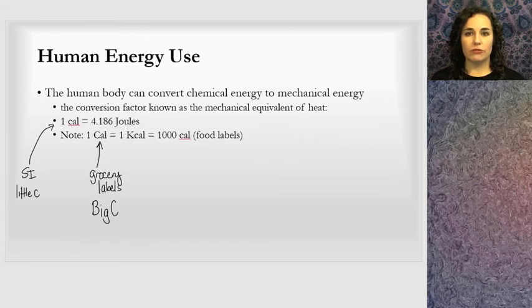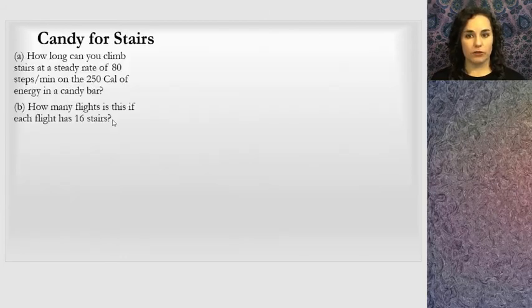I chose a problem for us that was sort of maybe applicable, maybe scary. The results and implications of this problem I'm not comfortable with, but we'll work through this problem and you'll see why in the end. How long can you climb stairs at a steady rate of 80 steps per minute on the 250 calories of energy in a candy bar?